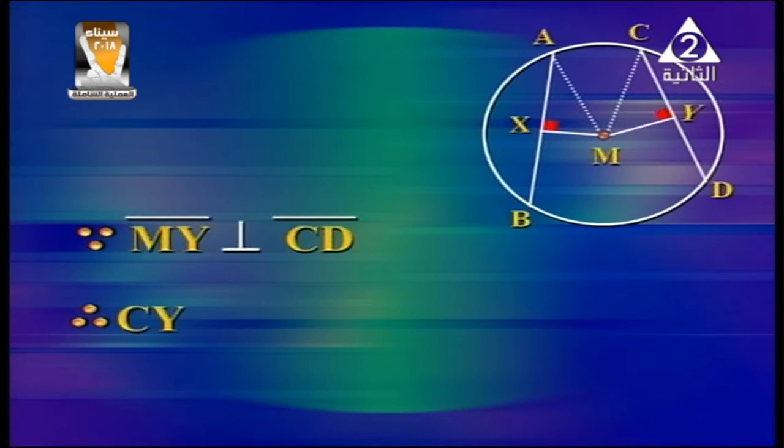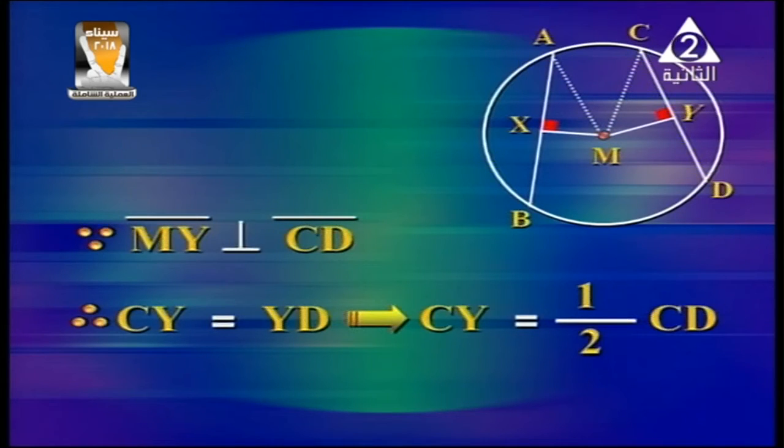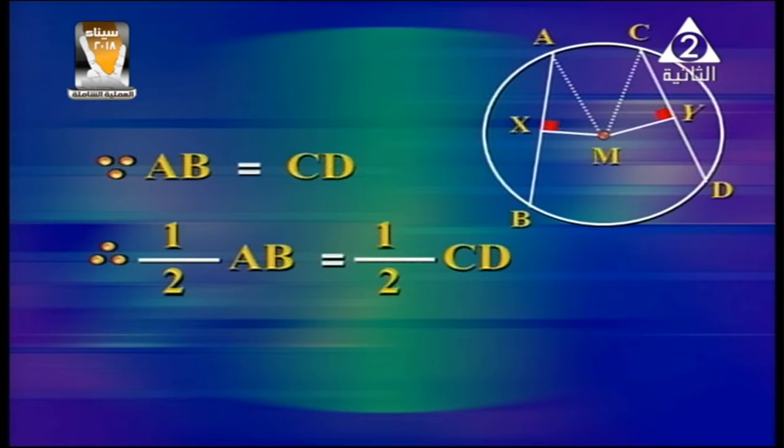Therefore, CY equals YD. And in this case, we can say that CY equals half CD. As AB equals CD, so half AB equals half CD. Here we can say that AX equals CY.